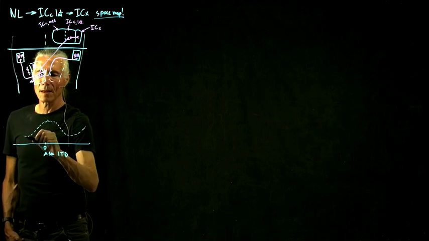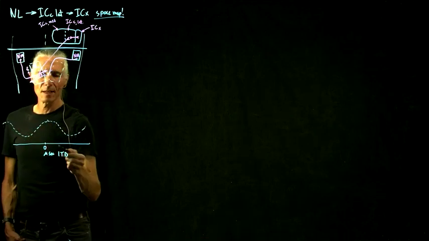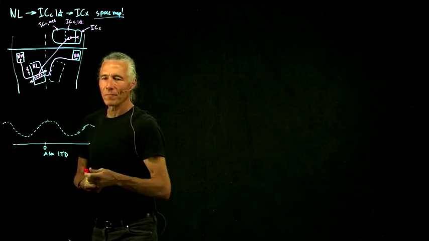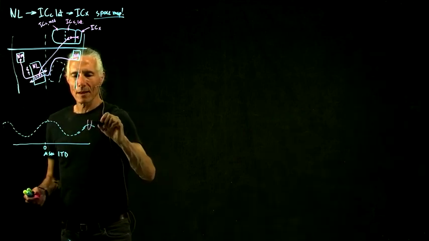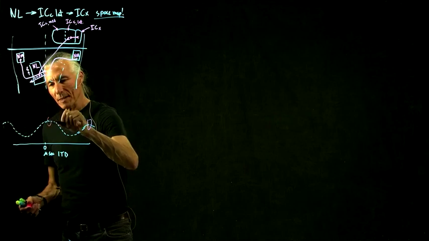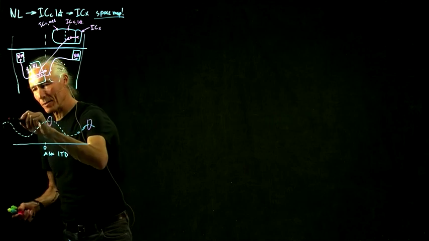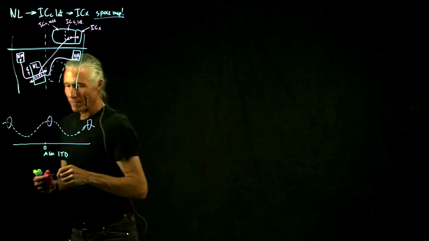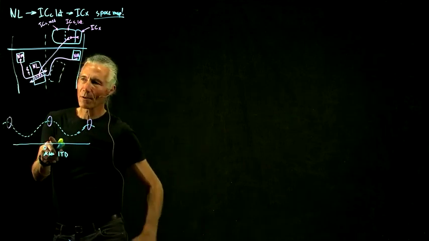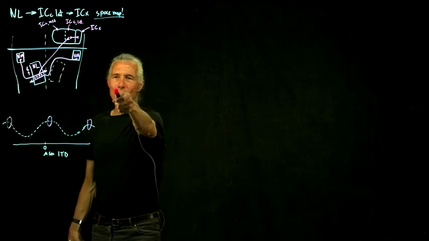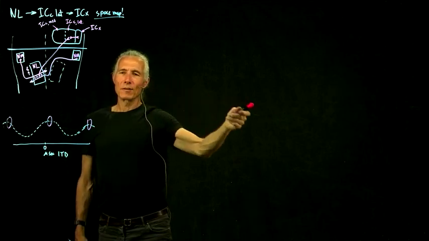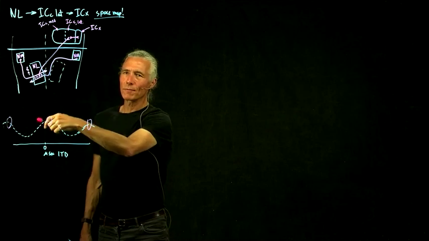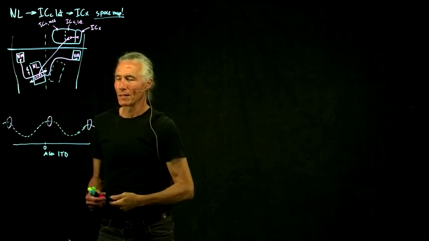So it gives an ambiguous response. It will give a response that's big to, say, 150, and a response that's big to 10, and then a response that's big to, say, minus 130. So this neuron can't tell whether the object is right in the front, or off to the right where it got to the right ear first, or off to the left where it got to the left ear first.